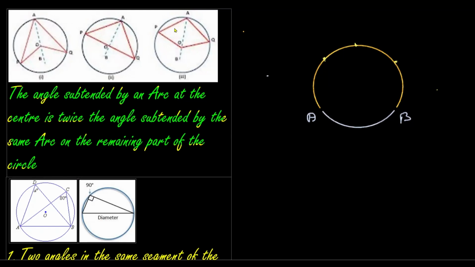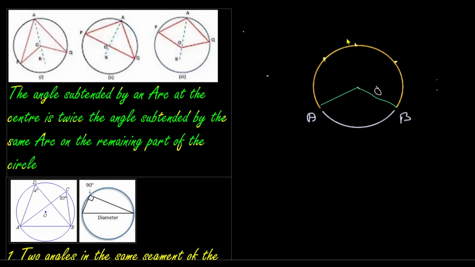Now consider I took a point once again at the center, and this time I'm joining these two points with the center so as to obtain an angle. And I'm talking about the angle subtended by this major arc here, the one colored golden.